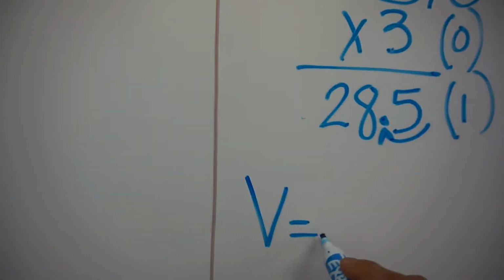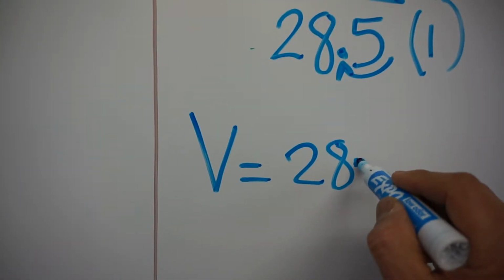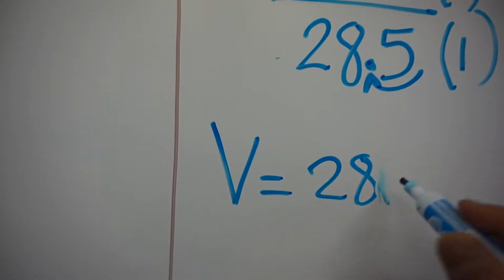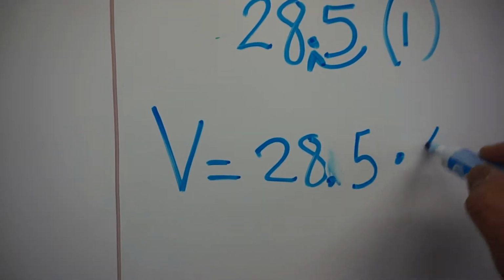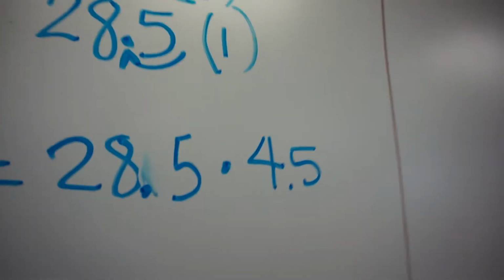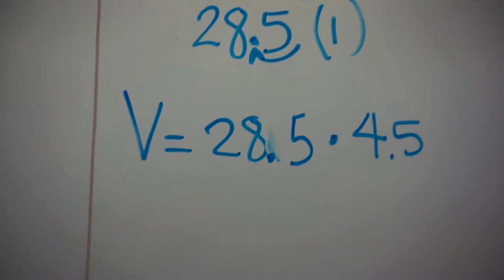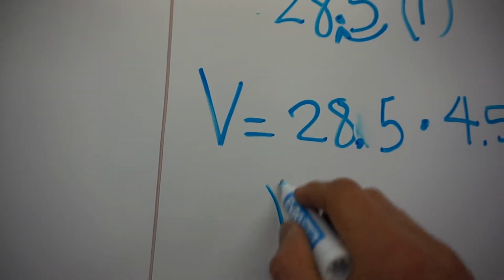So volume equals now 28 and 5/10 inches times 4 and 5 tenths of an inch. So here's what we do now. This is our multiplication, so I'm going to make this multiplication vertical.